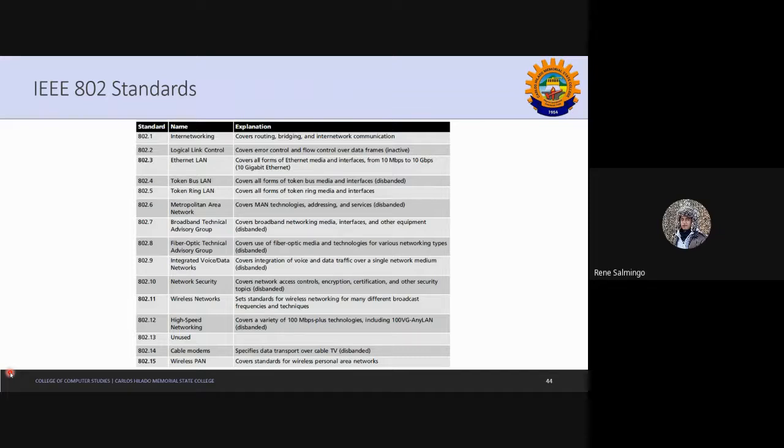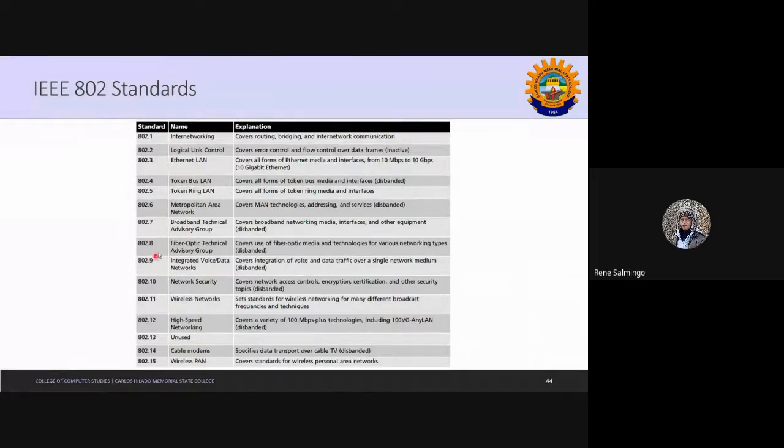After that, we have 802.2, the logical link control, which is now inactive. And the third one, we have 802.3, the Ethernet LAN. It covers all forms of Ethernet media and interfaces, from 10 megabits per second to 10 gigabits per second, which is what we call 10 gigabit Ethernet.